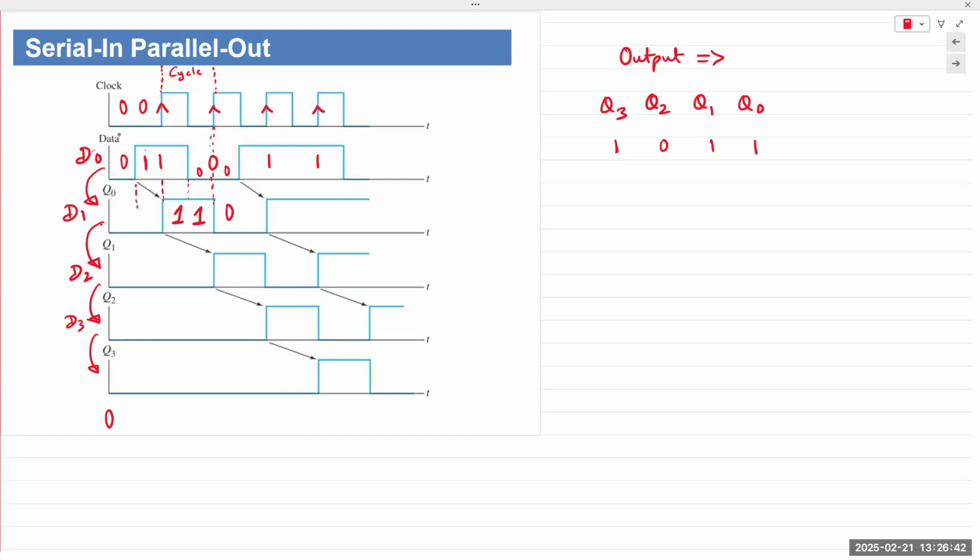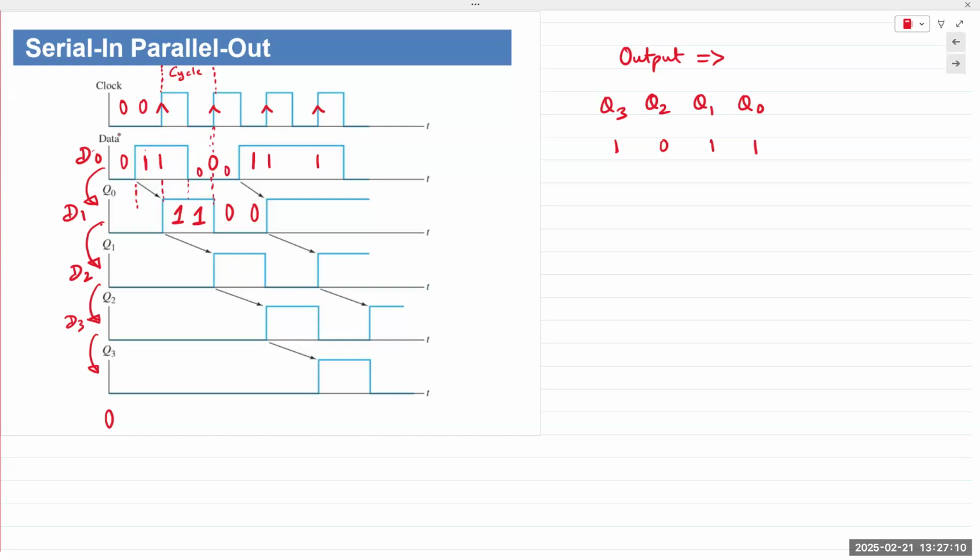So even though the data has changed to 1, the output still remains at 0 because the next positive trigger has not yet arrived. Is everyone with me so far? Cascading effects. Okay, make sense?